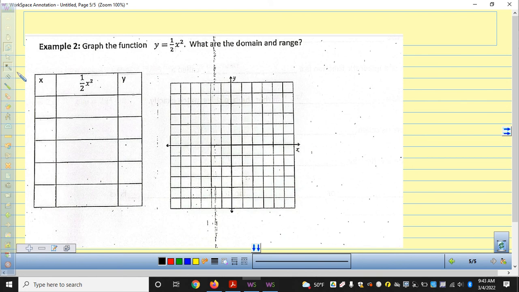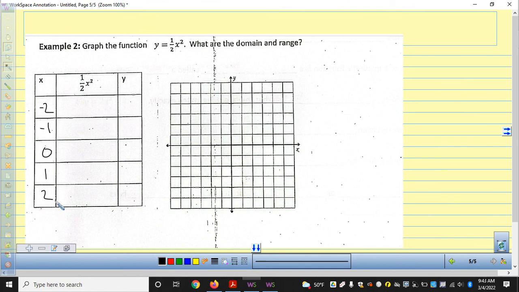We're going to graph this function by making a table of values, and we're going to use -2, -1, 0, 1, and 2. If you need to make a table of values, unless it tells you otherwise, these would be the points you would always choose for your x values: -2, -1, 0, 1, 2.